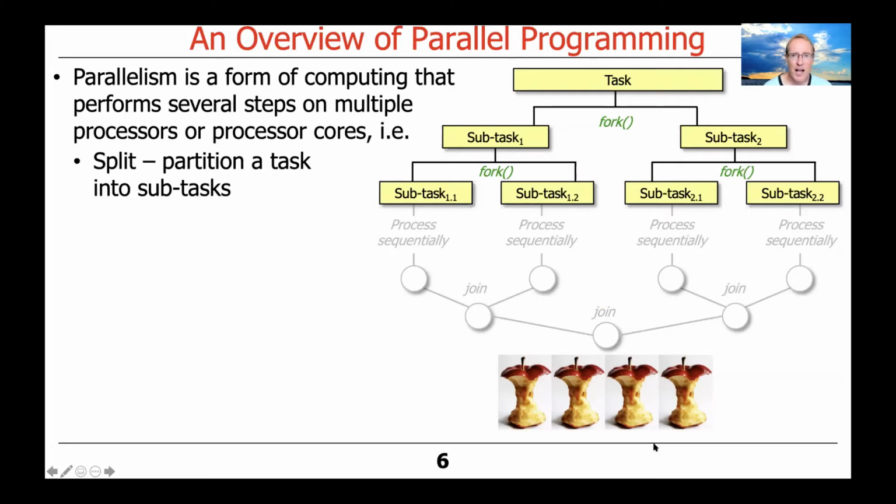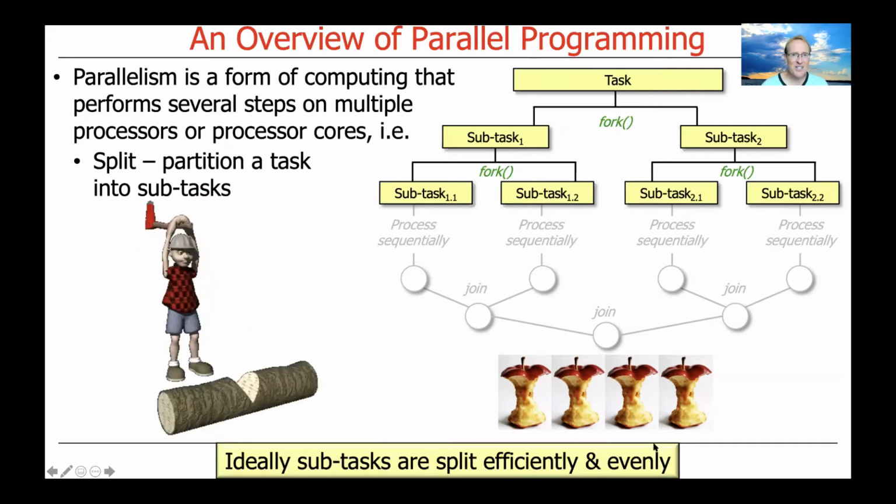So the process that you do, the steps that you involve, there are three of them: split, apply, and combine. The split phase takes a big task, an overall task with lots of elements and lots of work to be done, and splits it or partitions it up into a bunch of subtasks. And it does that by forking, and we'll talk more about forking later.